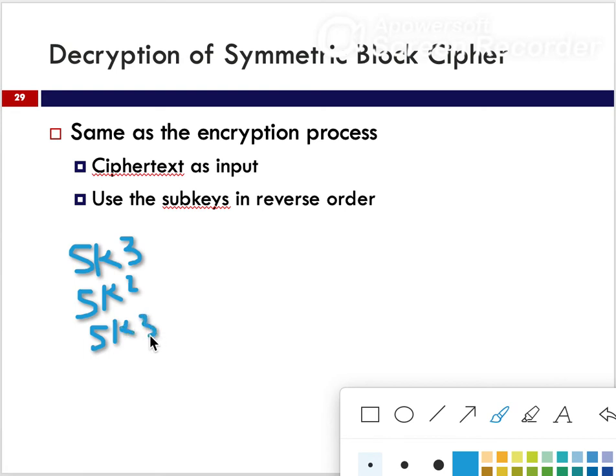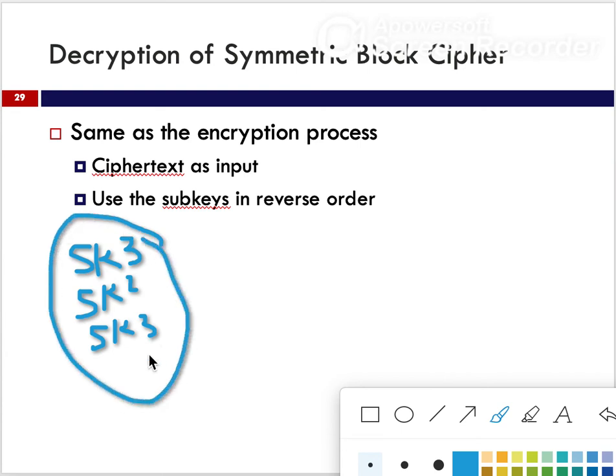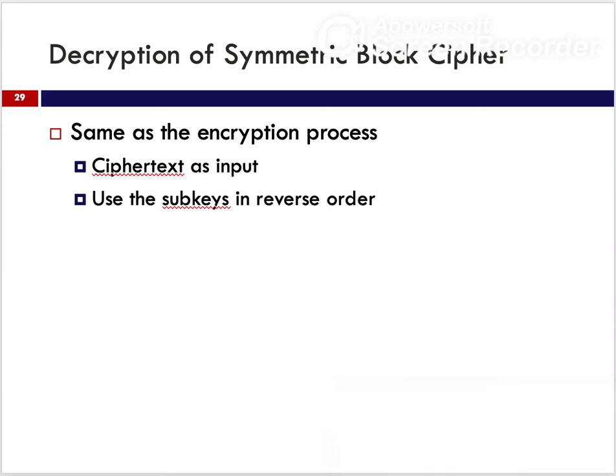Everything is the same in the decryption algorithm except that you use the subkeys in reverse order. In encryption we use them as 1 2 3, but in decryption we use them as 3 2 1. So this is the difference between encryption and decryption of symmetric block ciphers.